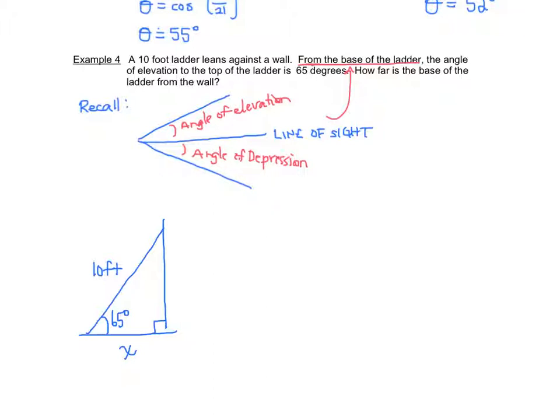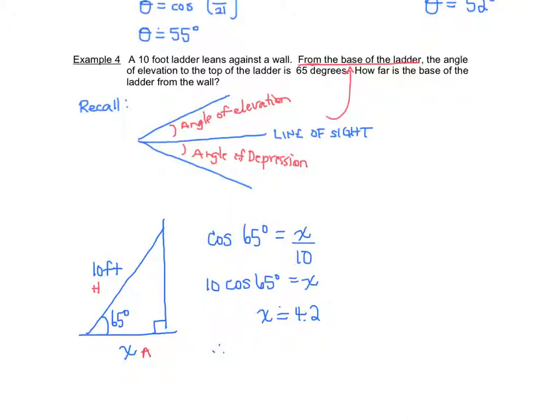So with respect to the given 65-degree angle, it's the adjacent I'm looking for and the hypotenuse that's given. So we're going to use cosine, and we're going to say cosine 65 degrees equals x over 10. So multiply both sides by 10, and we get an answer of approximately 4.2.